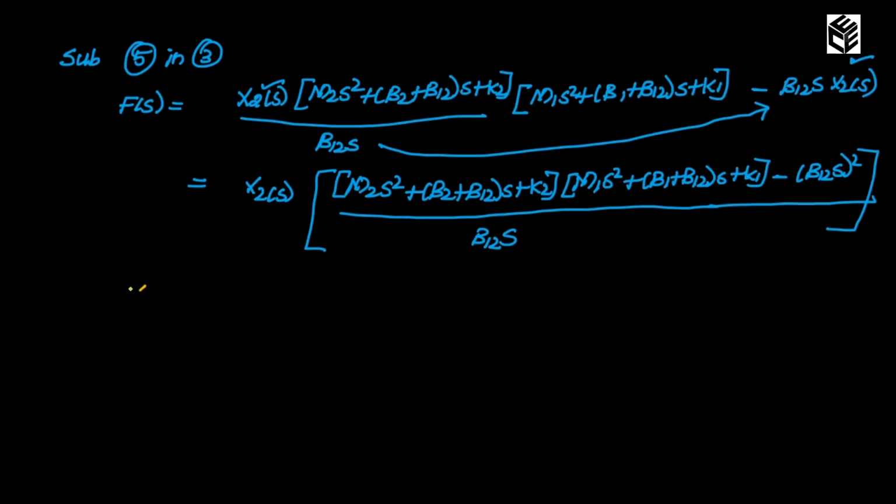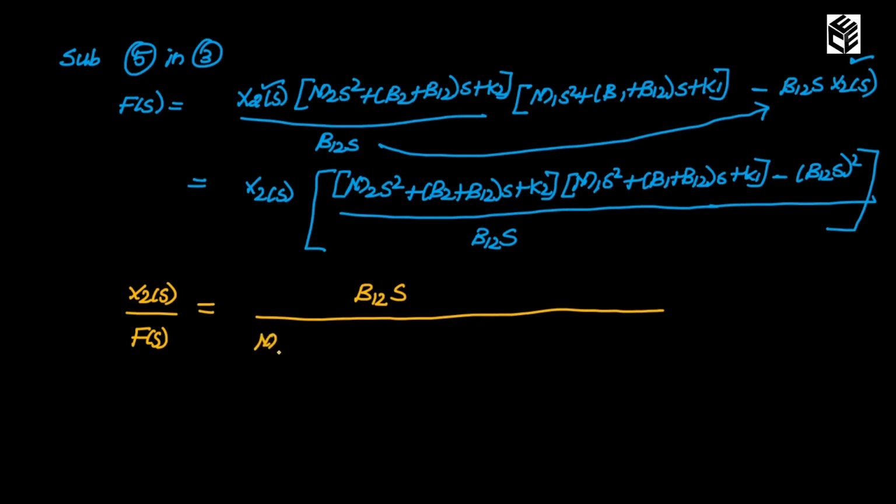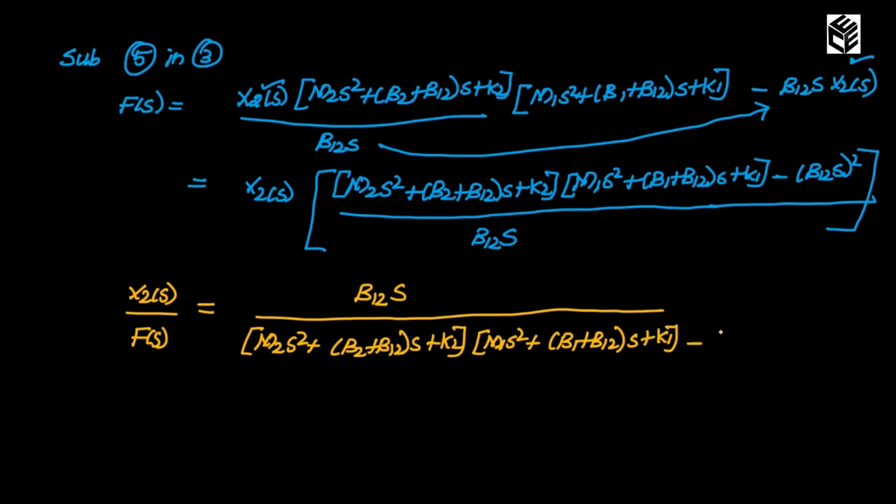What is our required transfer function? X2(s) divided by F(s). So I am rearranging the above equation. The answer is b12 s divided by (m2 s² + (b2 + b12) s + k2) into (m1 s² + (b1 + b12) s + k1) minus (b12 s) the whole square.